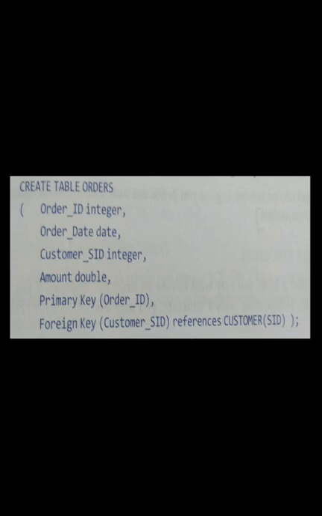So references customer, and from the customer table which particular attribute am I using? SID. So this is how I have written: foreign key is customer SID, which is in this table, references is from the customer table, right? And from which attribute? SID. So this is the way we write a foreign key constraint in our table.